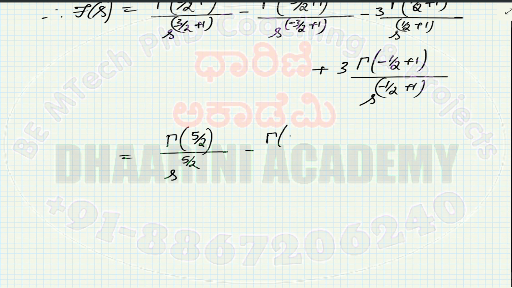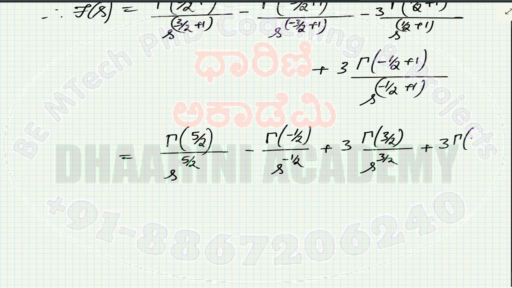So this is gamma of minus half divided by s to the power minus half, plus 3 times gamma 3 by 2 whole divided by s to the power 3 by 2. Then plus 3 times gamma half whole divided by s to the power half.